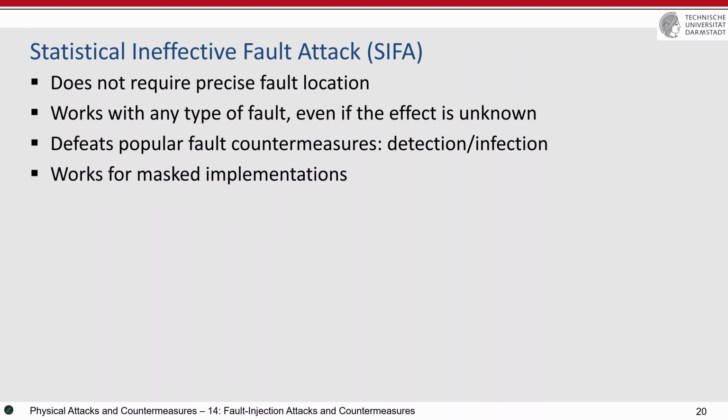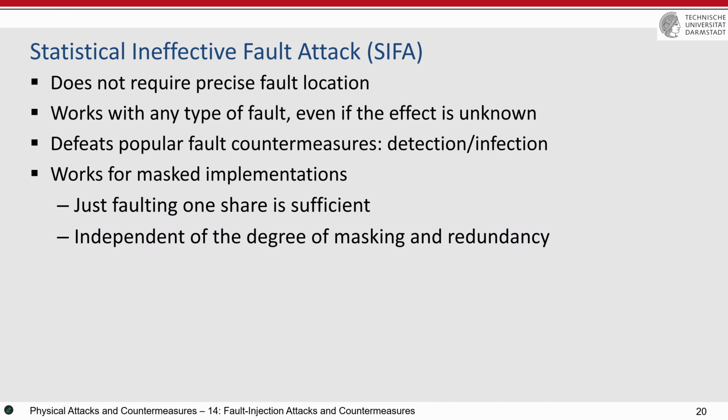It also works for some masked implementations. Sometimes, not necessarily always, faulting one share of the masked implementation is enough to perform the same thing, similar to performing the attack on an unprotected implementation. But usually on masked implementations, you need larger sets of faulty values to perform the attack successfully.